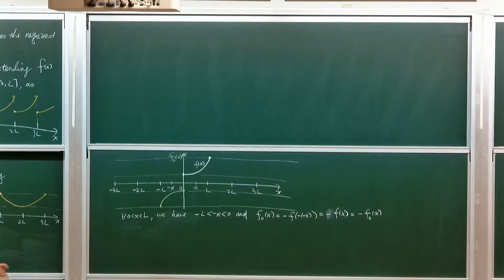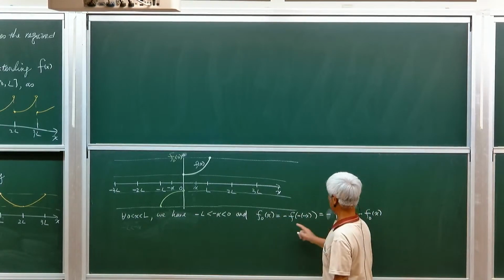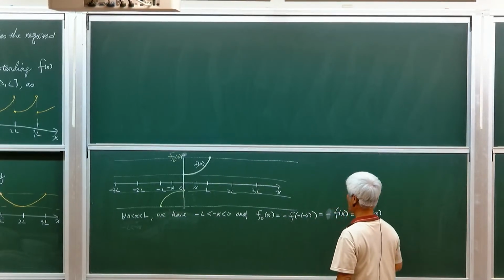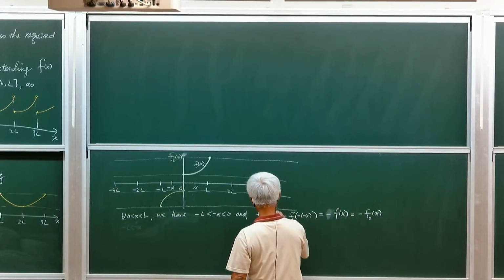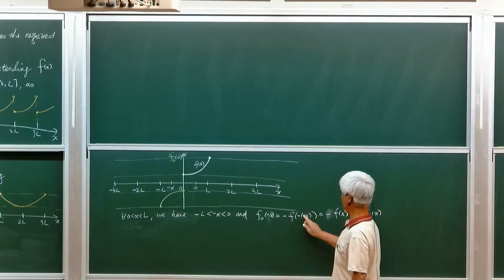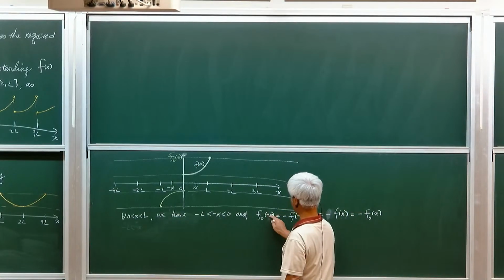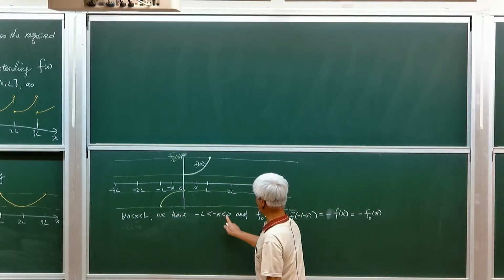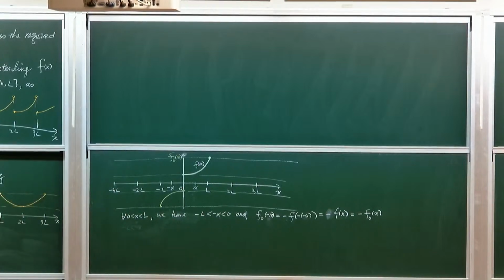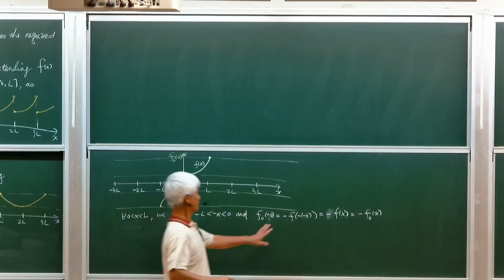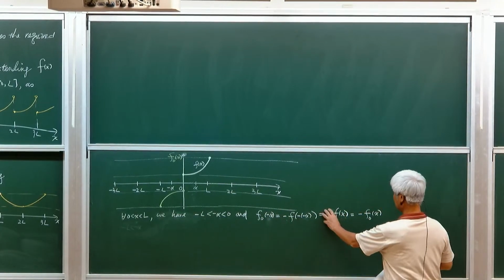All right, so you can see that the argument minus x is in between minus L and 0, and by the definition here, this is minus of f of x.